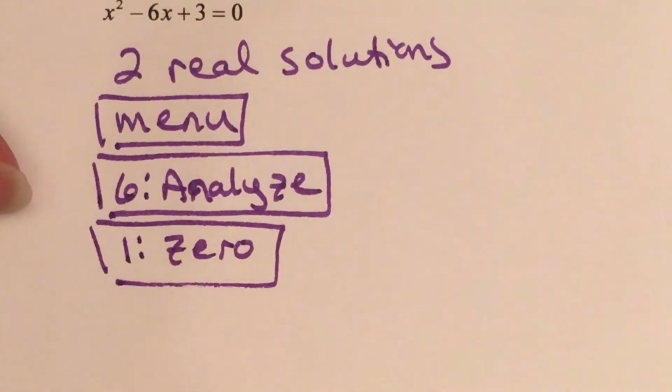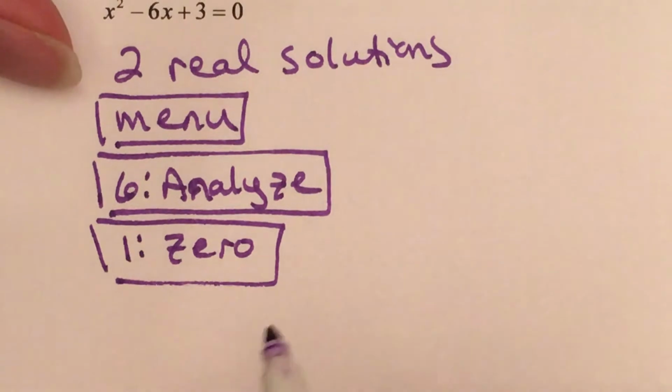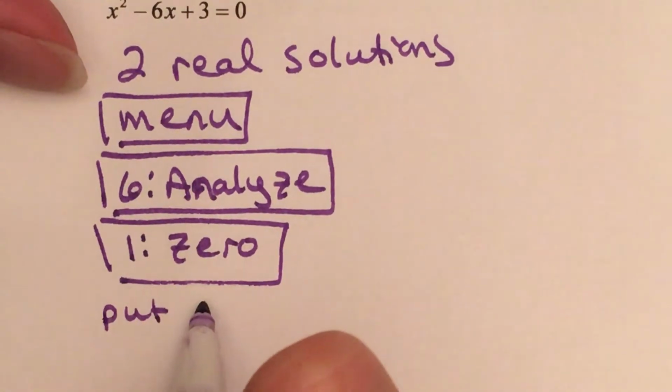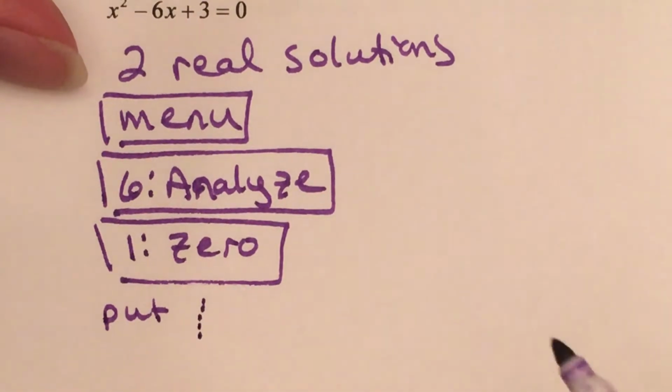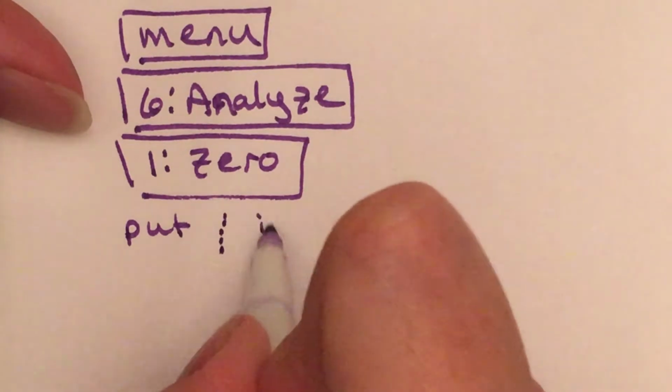So when you push that, things are going to blink and you're going to get a nice dotted line in the center. So we're going to put the dotted line in the center of the quadratic.